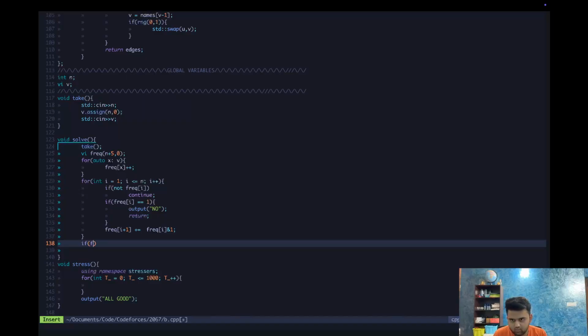If frequency of n plus 1 mod 2 is 0. So, or I can just keep pushing 3 upwards and upwards.